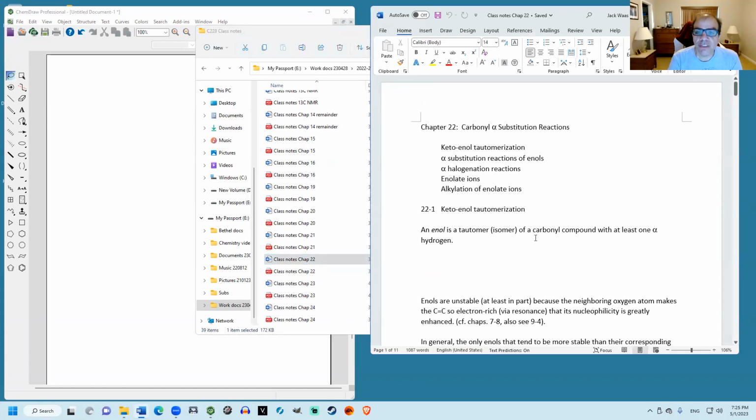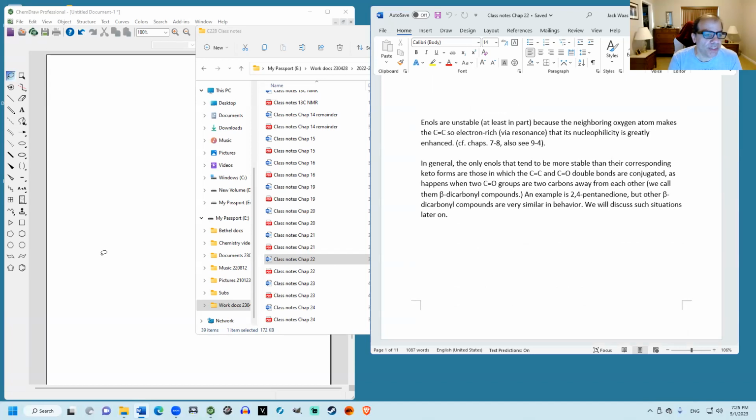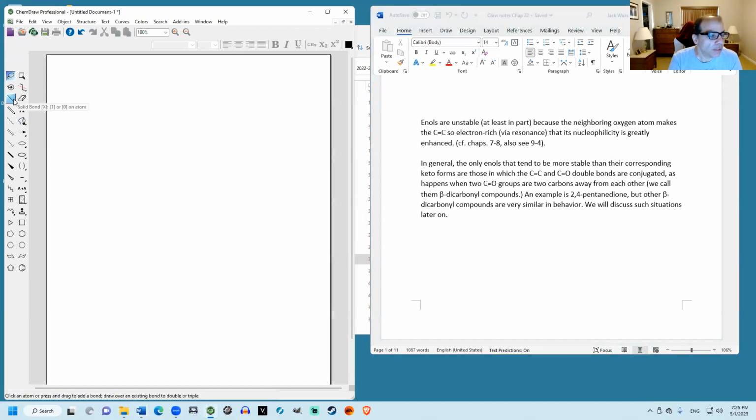Chapter 22 is carbonyl alpha substitution reactions. And the main thing we learned here is what is an enol and what is an enolate. So here's our carbonyl compound. The enol form looks like this.